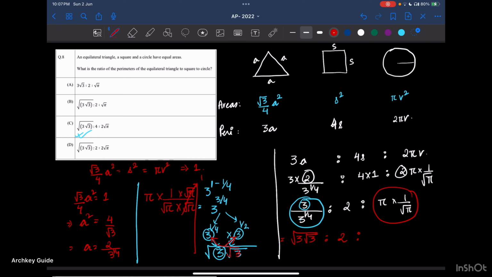So this basically means 1. ठीक है? But what I did is मैंने ऊपर नीचे दोनों को multiply किया. So now what I have is root of pi by pi. Pi pi cancel. I have root of pi. Okay? So my final answer would be D. Fine.